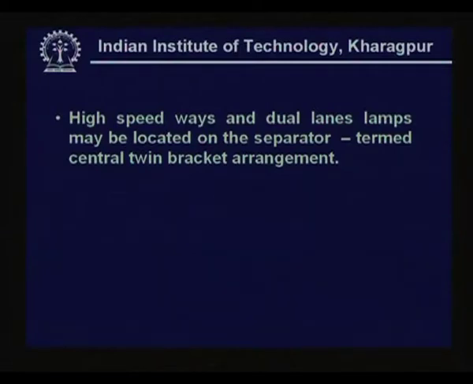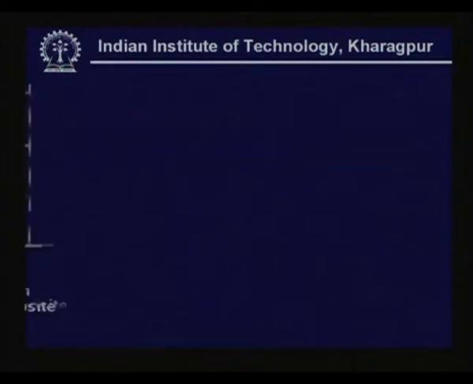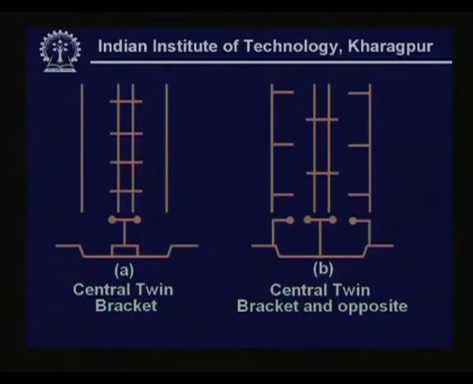As against this, in high speed ways and dual lanes where separators are available, the lamps are located on the separator. So, in very high speed ways and multi-lane roads where separators are there, they are located on the separator, and this arrangement is known as central twin bracket arrangement. This can be seen in this figure.